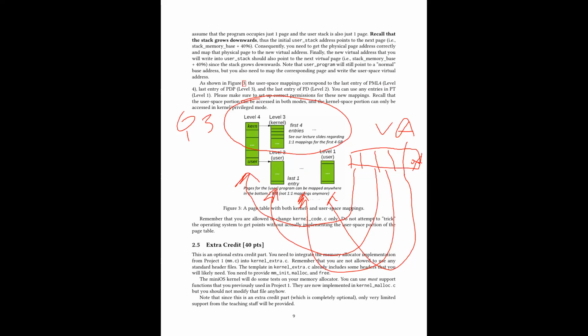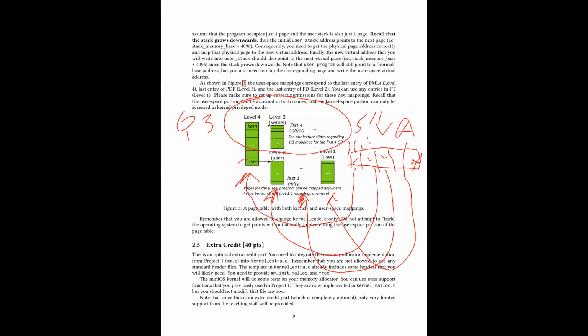What you have to keep in mind is that if you have the last 2 megabytes, that's going to be all ones, right? All 9 bits set to 1 here. The same is true here, all nine bits set to 1. That means it's entry 511.